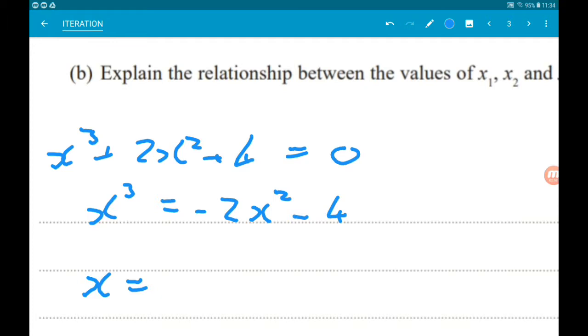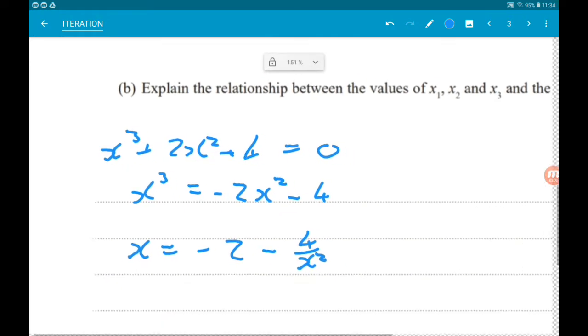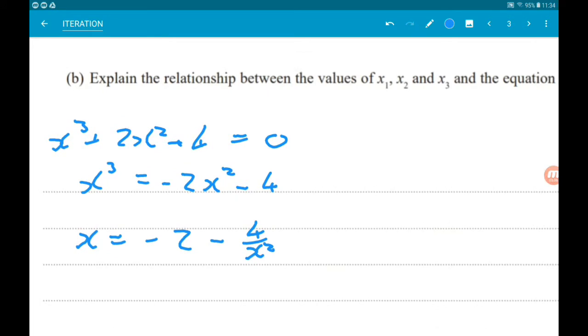That's just minus 2 minus 4 over x squared. So that is where the iterative formula comes from.